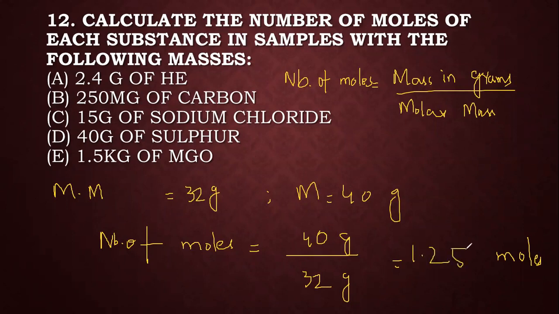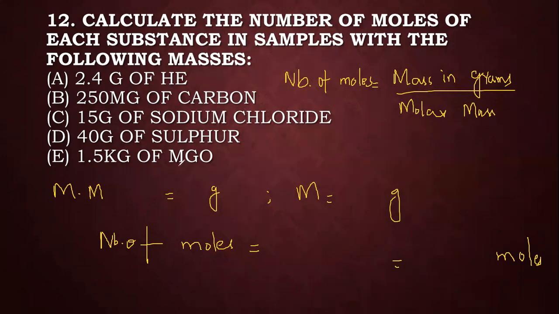In part E, 1.5 kg of magnesium oxide. So magnesium oxide, what is the molar mass of magnesium oxide? Because in case of magnesium oxide, we have to consider two values, that is magnesium and oxygen. The magnesium atomic mass is 24, and oxygen is 16.